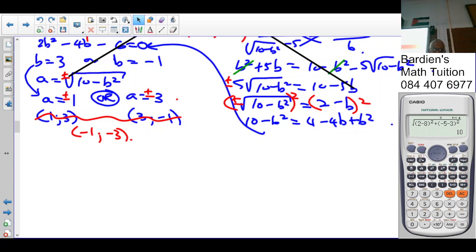Coming back to the exercise for homework, it's on page 197. Any issues with number 3? Any issues with number 3?